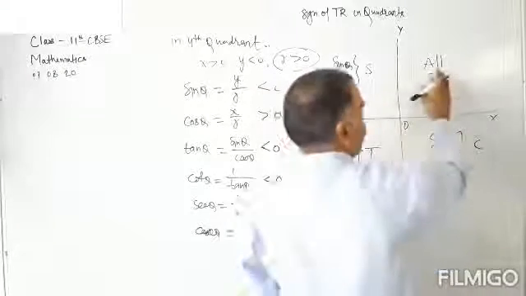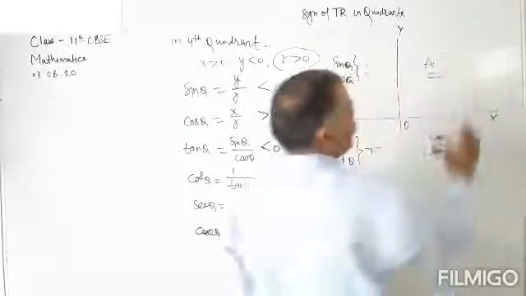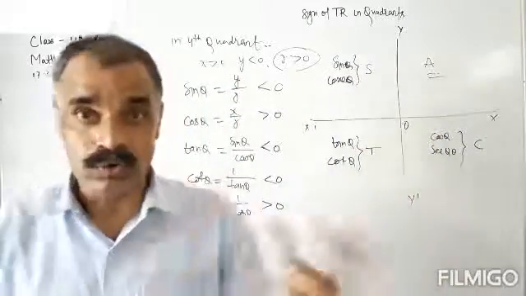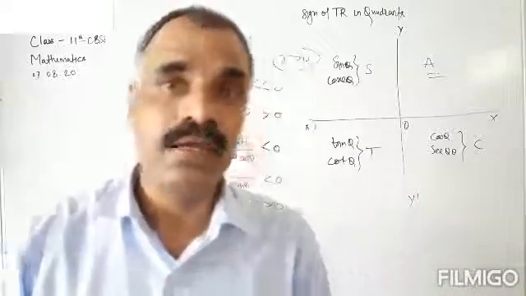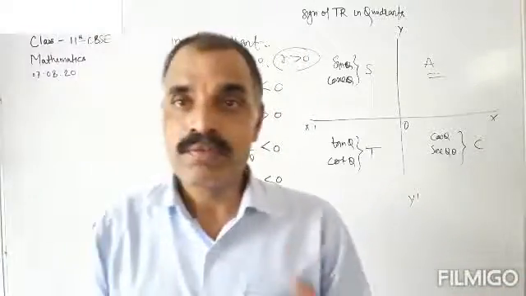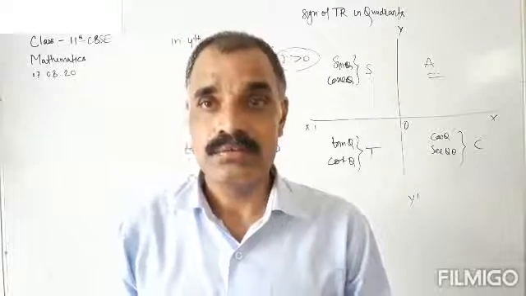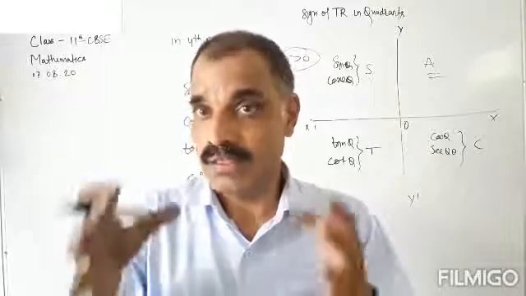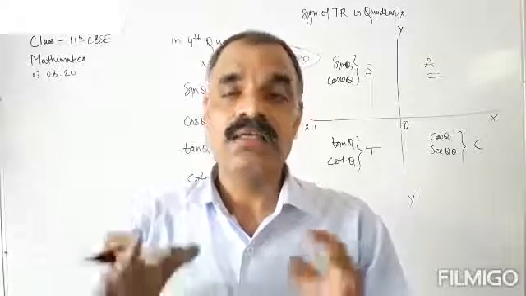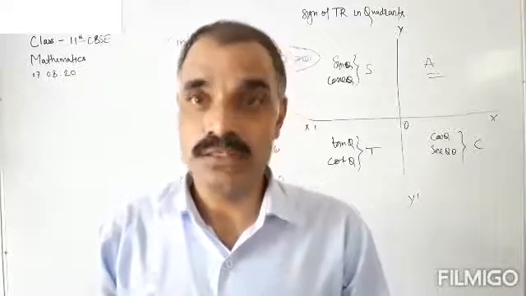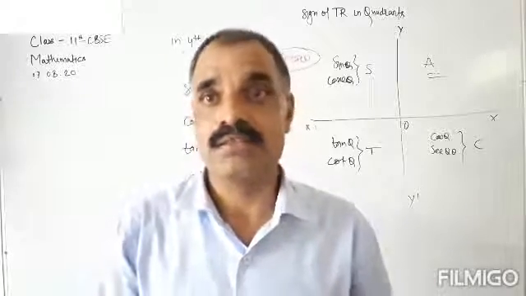And symbol A is for all trigonometric ratios positive. In this way we can have an aid to learn the sign of trigonometric ratios in different quadrants.